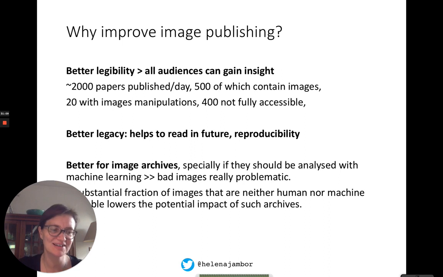So if we start to systematically collect images in image archives, with the intention of one day maybe automatically screening data in these image archives, we really need to make sure that the quality is substantially improved and that we have a quality that is actually machine readable. If we have too many images that are not legible, no AI tool will be able to gain substantial insights at all.